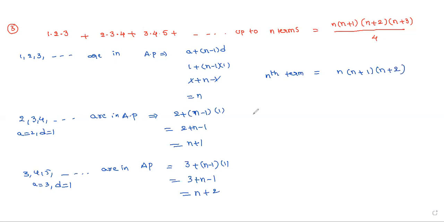Write down. Let S of n be the statement. S of n equal to 1 into 2 into 3 plus 2 into 3 into 4 plus 3 into 4 into 5 plus and so on.